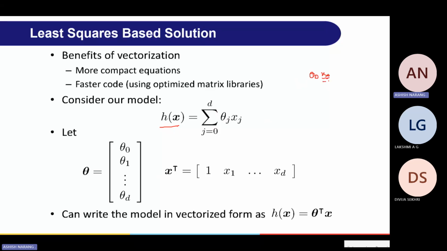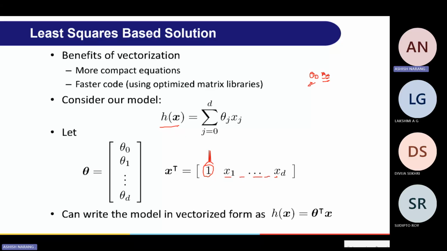Now this x0 has always to be 1. So whatever the input features are there, x1, x2, x3, x4 up to xd, I will always add a 1 to the set of input features, so that my theta 0 gets retained. So this value will be 1, so this will become theta 0 only, right? Now if you put 1, it will become theta 1 x1 plus theta 2 x2 and so on, right? So theta also we are representing in the form of a vector.